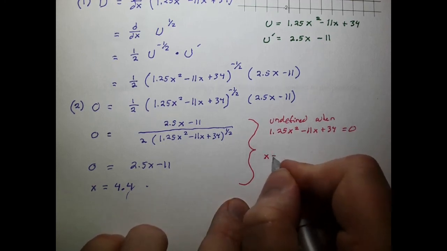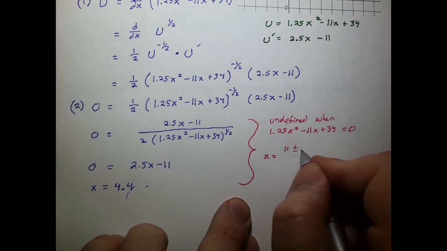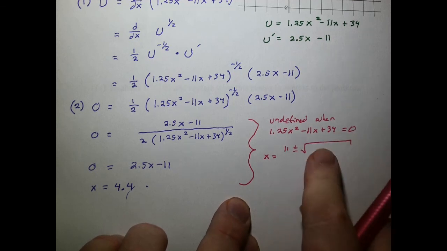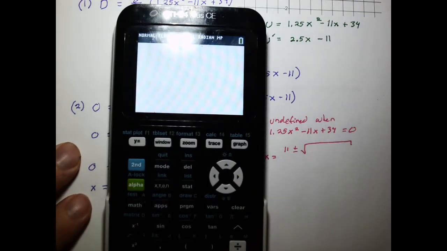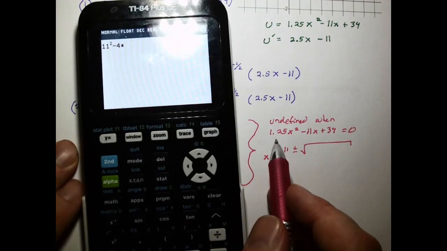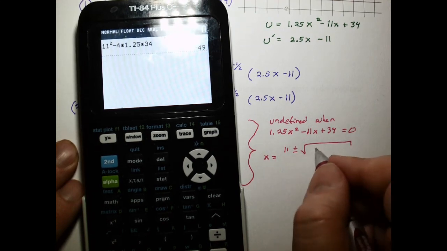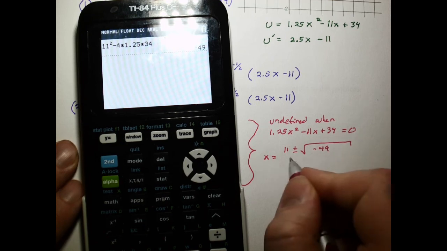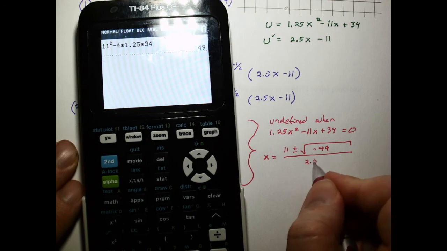If you use the quadratic equation, you'll get 11 plus or minus what goes under the square root is going to be b squared, so it's going to be 11 squared minus 4 times a, which is 1.25, times c, which is 34, and you're going to get negative 49, all over 2 times a, which is 2.5.